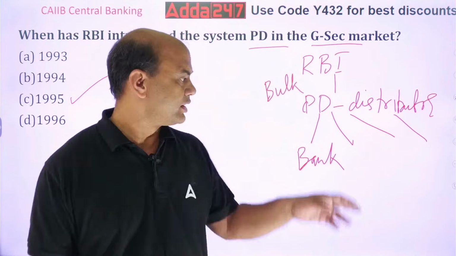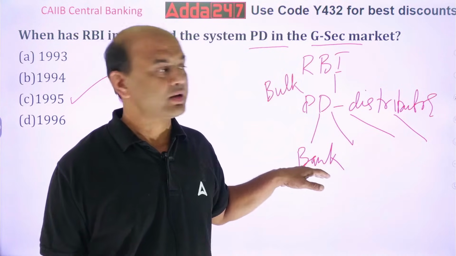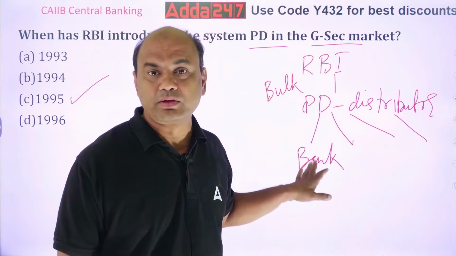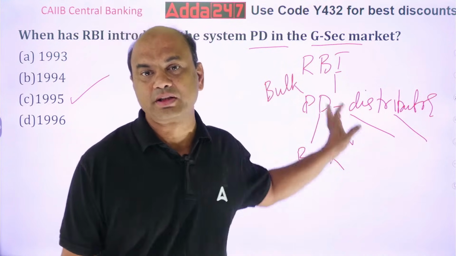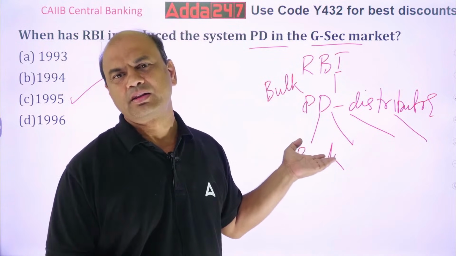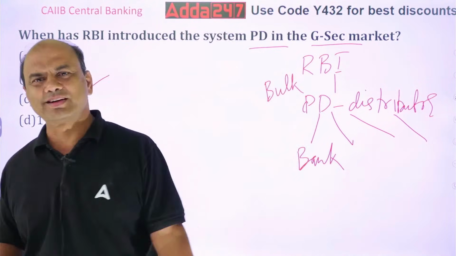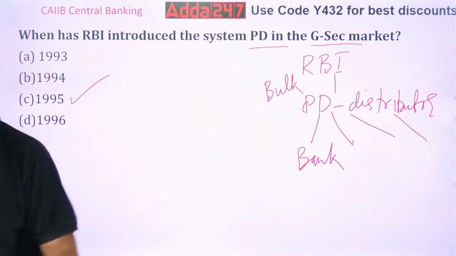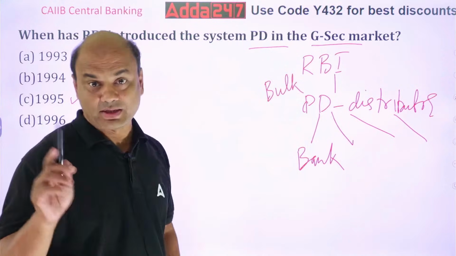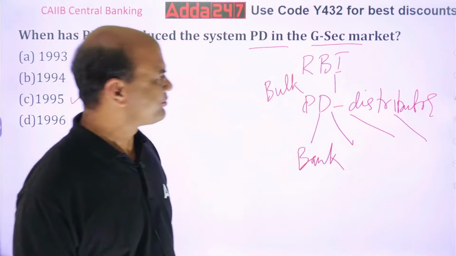They go to all these doctors and tell them, see, this is the new medicine which has arrived. Same thing is done by the primary dealer, right? But remember, primary dealer is not a single person. You might think primary dealer, a person. No, it's a company. Okay?